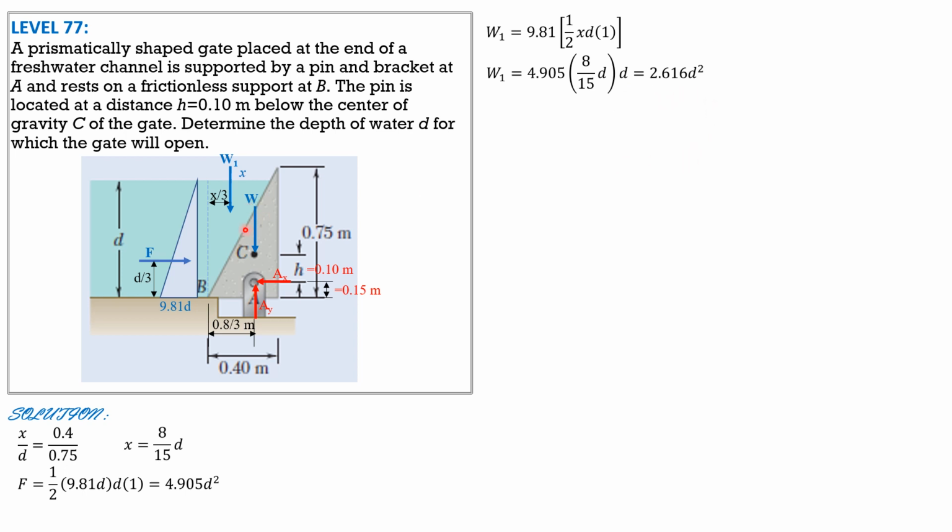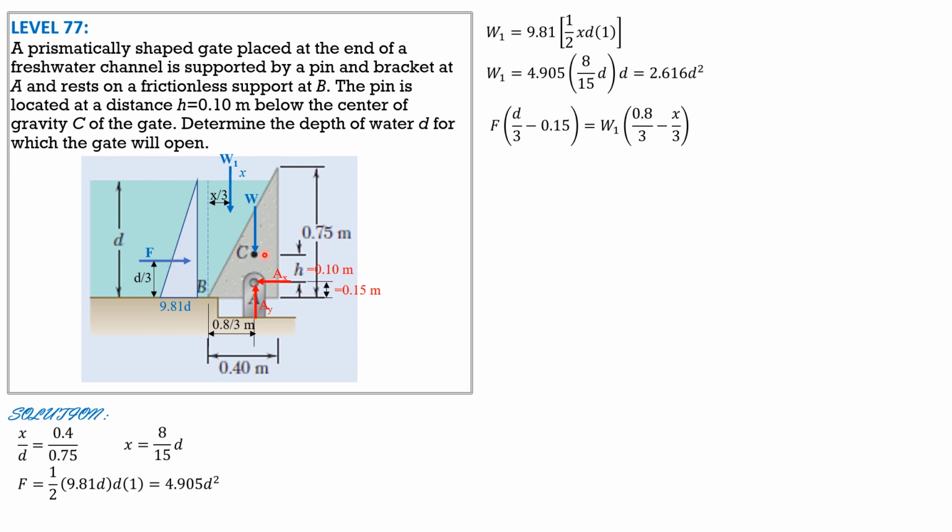Then since the weight is not important because its moment about A is 0, let's have the summation of moment about A equals 0. So F times d over 3 minus 0.15. Take note, we sum up moment about A. So the moment arm of F is d over 3 minus 0.15.